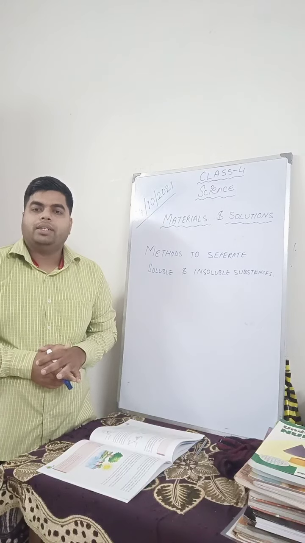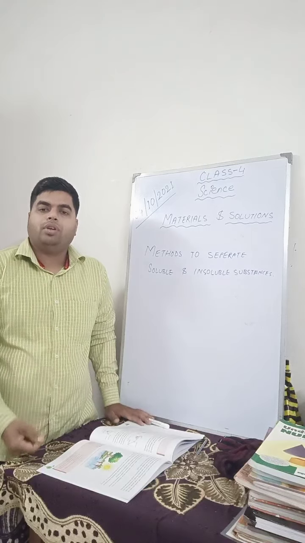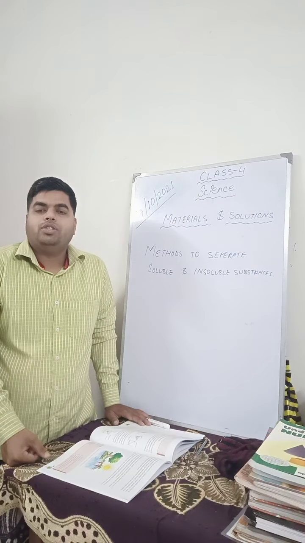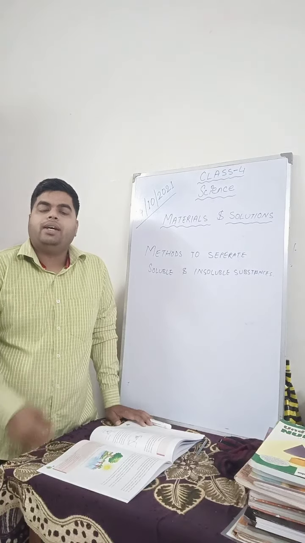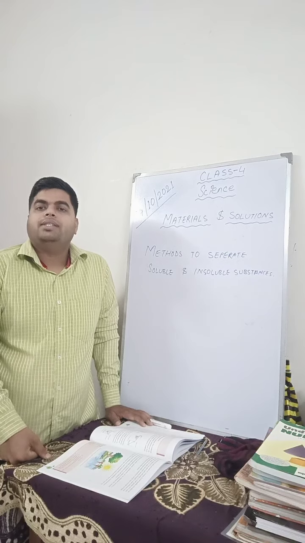What is sedimentation? Let us take an example so that it becomes clear. Suppose you take an insoluble substance, sand, and mix it in water. How will you separate it? The first process is sedimentation.